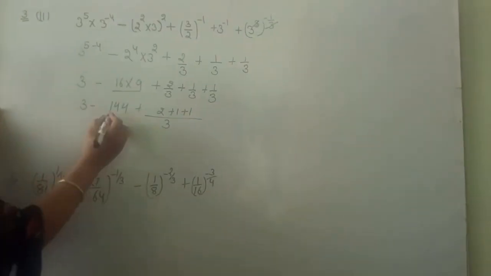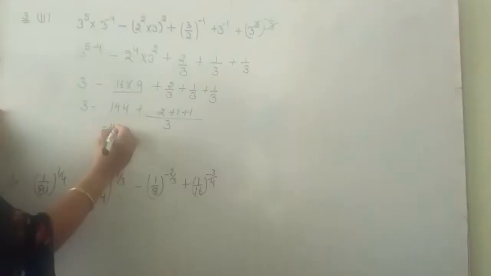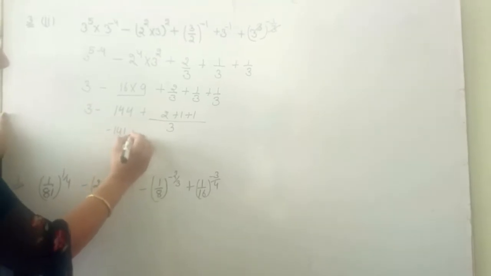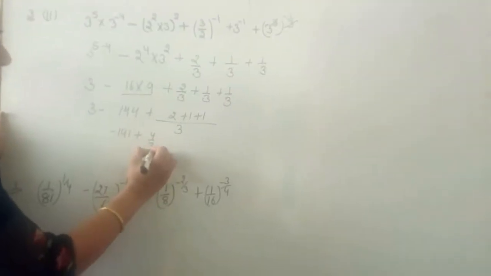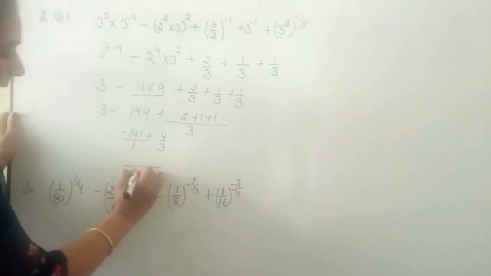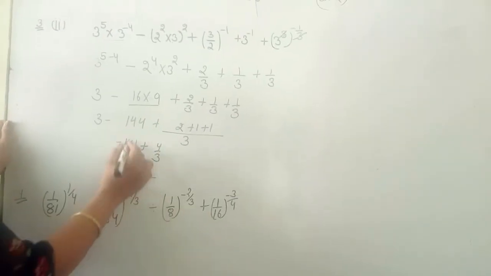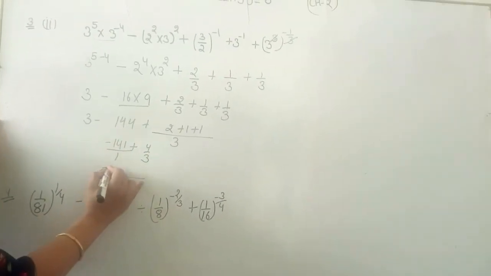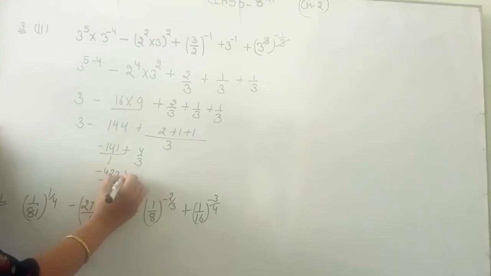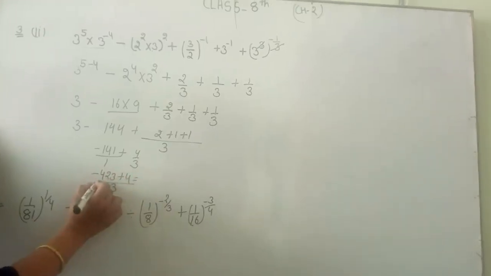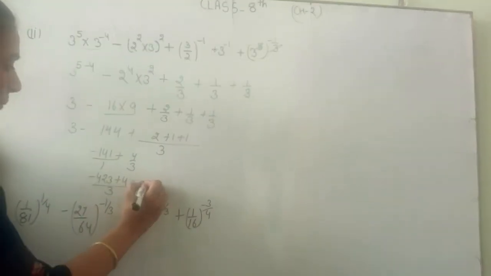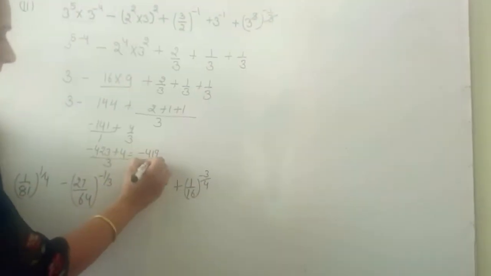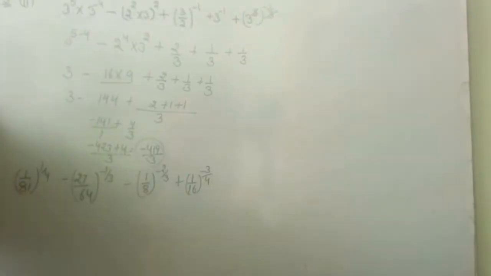Okay. 3 minus 144 is minus 141 plus 4 by 3. Again we take LCM 3, then we multiply this, then this equals minus 423 plus 4, and minus 423 plus 4 equals minus 419 by 3. Okay, this is our answer.